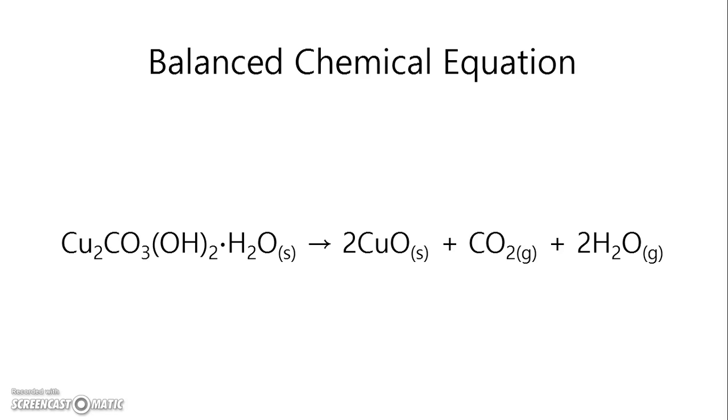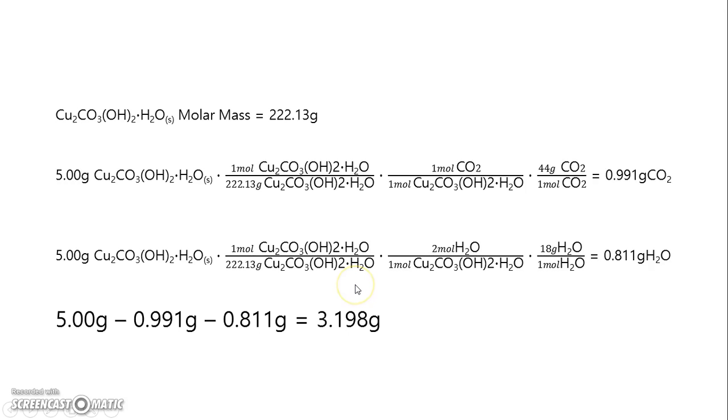So from the chemical equation, we can see that for every 1 mole of copper(II) carbonate hydroxide hydrate, there's 2 moles of copper oxide, 1 mole of carbon dioxide, and 2 moles of water vapor. Now, what we did was we calculated the actual mass according to the molar ratio.